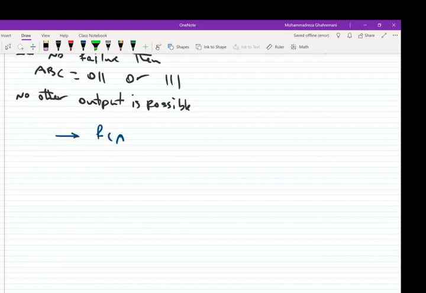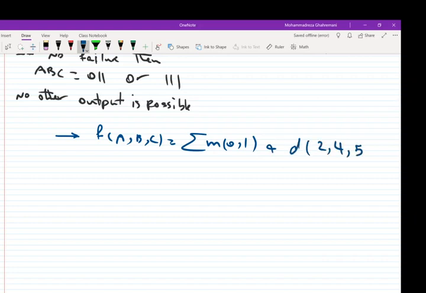We say f of a, b, c is equal to sigma of m 0, 1 plus don't care 2, 4, 5, 6, like when the function is 1.